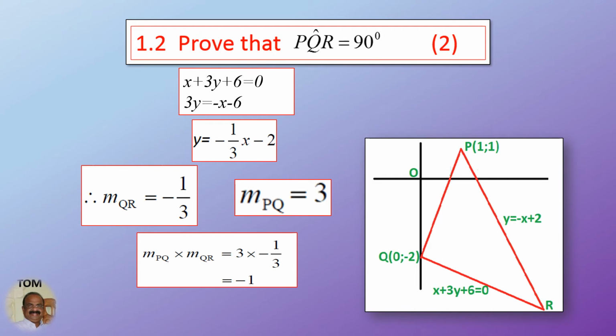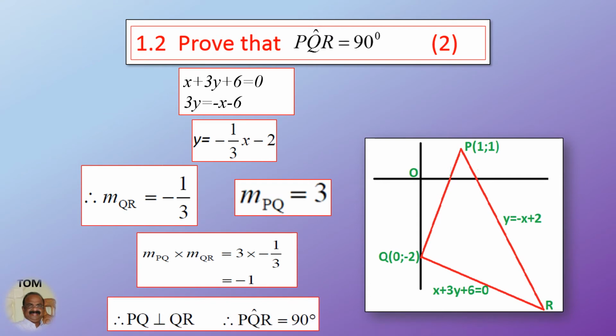We use that information here. M of PQ times M of QR is equal to 3 times minus 1 over 3, equal to minus 1. So what we understand is angle PQR is equal to 90 degrees.